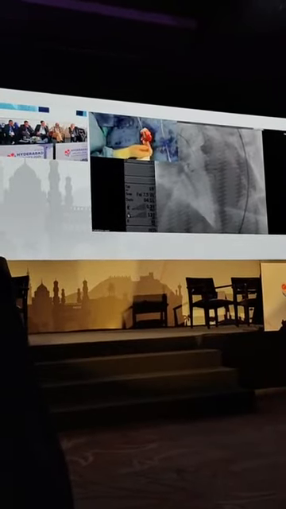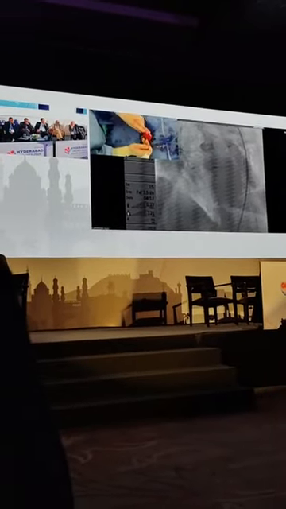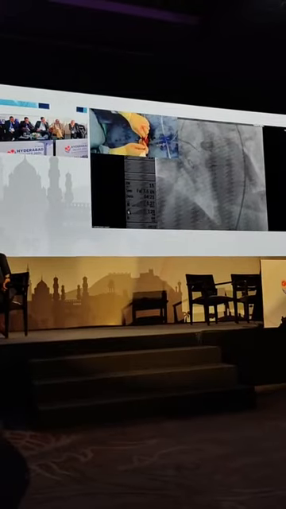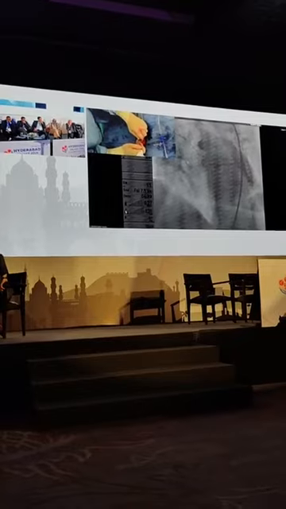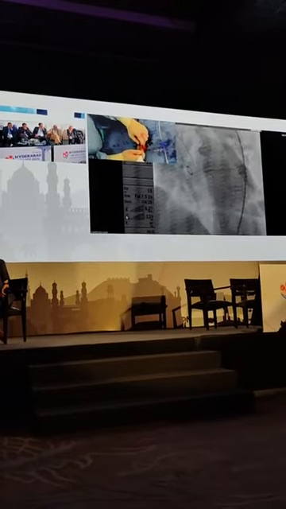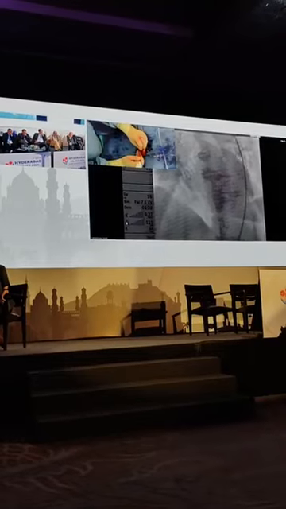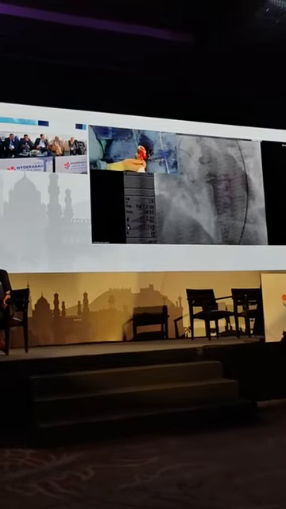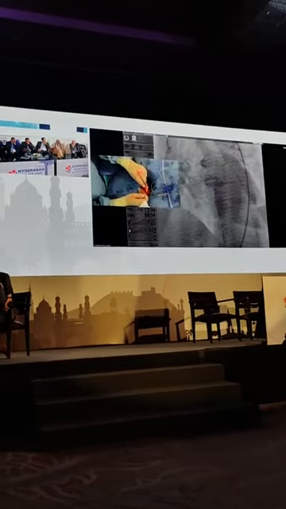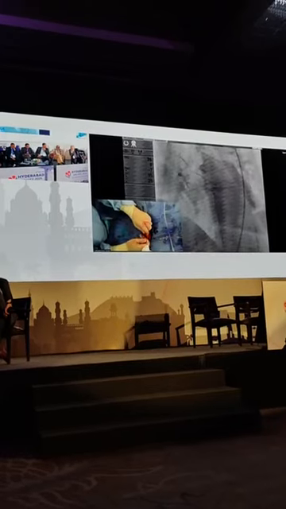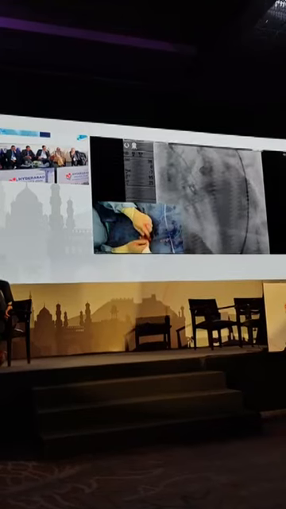If I don't cross the first time, I go back to the upper part and I do the maneuver again. Sometimes it can be necessary to have an Amplatz one catheter, left catheter. Do it again. We gave the heparin, so it's okay.